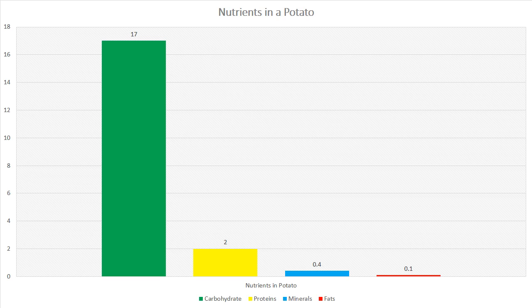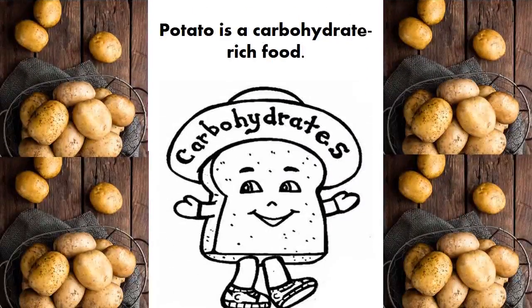The blue colored bar denotes the minerals present in potato, and the red bar signifies the fat content. So, can you tell which is the tallest bar here? Yes, it's the green one, and the green one represents carbohydrates. Hence, we can say that potato is a carbohydrate-rich food.